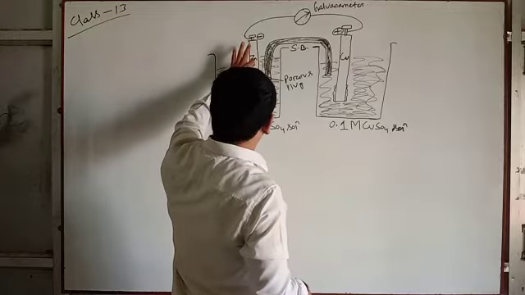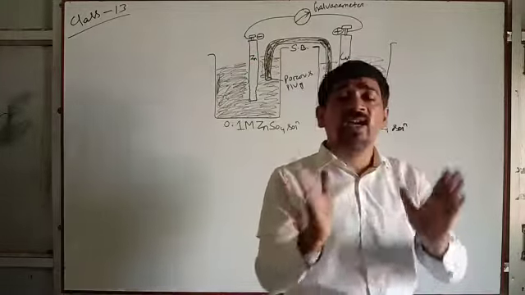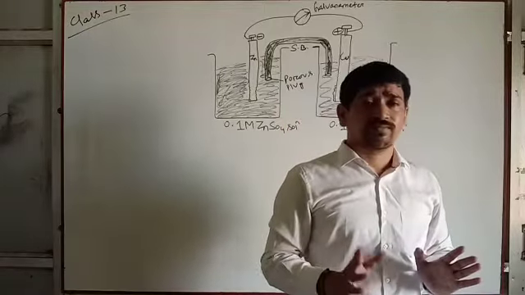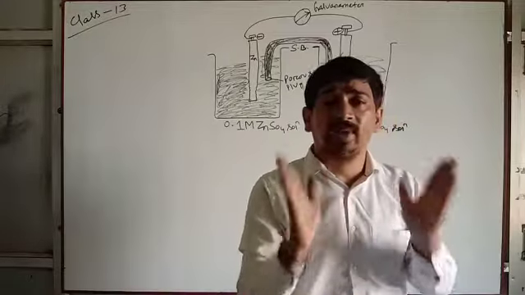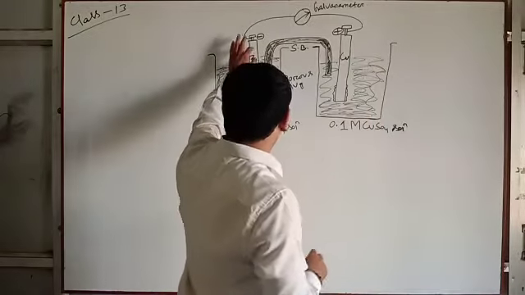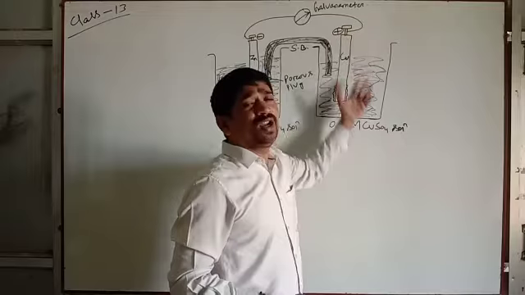What is an electrode? Electrode is nothing but a strip of metal which we use for electrolysis. So this is zinc electrode, this is copper electrode.